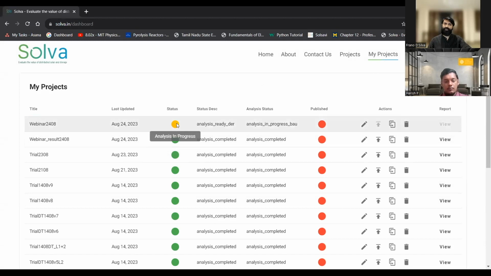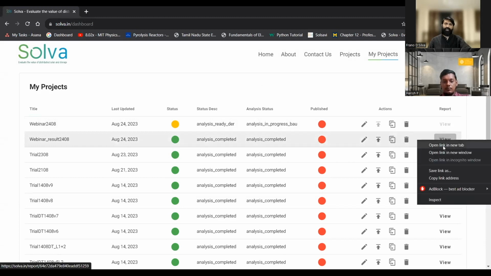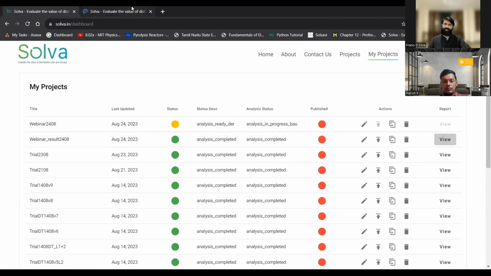As you can see, the yellow represents analysis in progress and the green represents analysis that is completed. So as we were aware that the analysis would take some time, I have already done this simulation and I can show you the results for this so that we can see how the results are being displayed in the Solva tool.